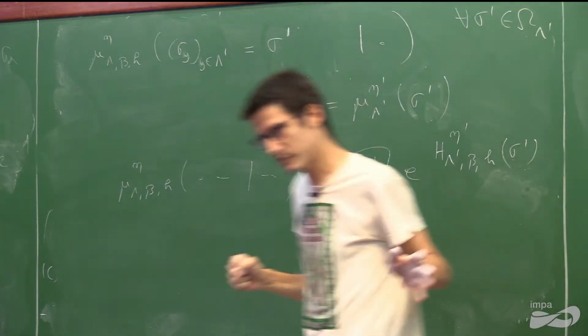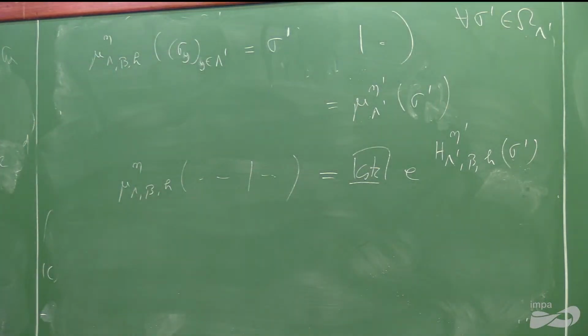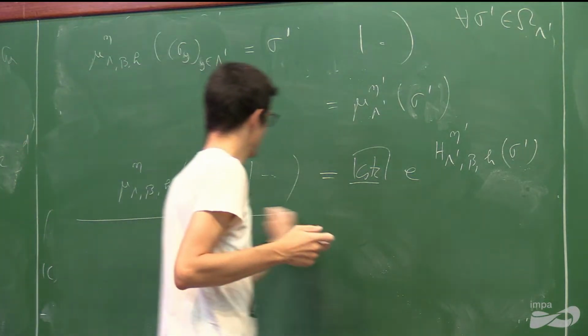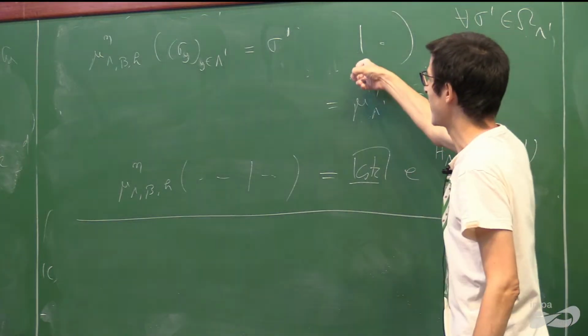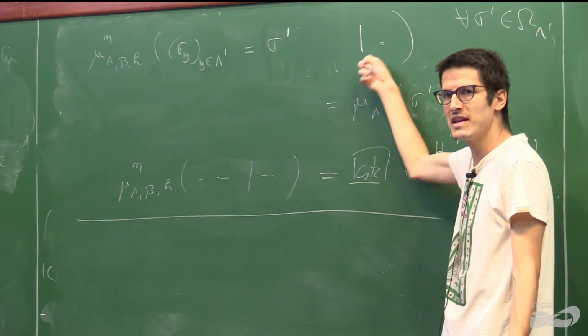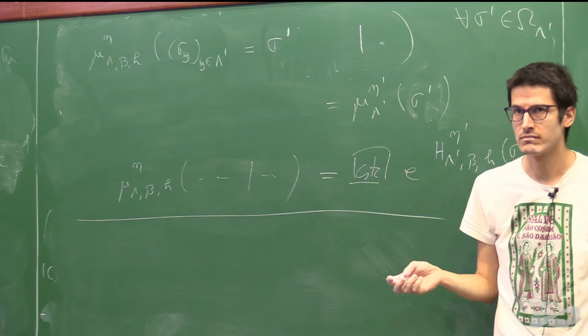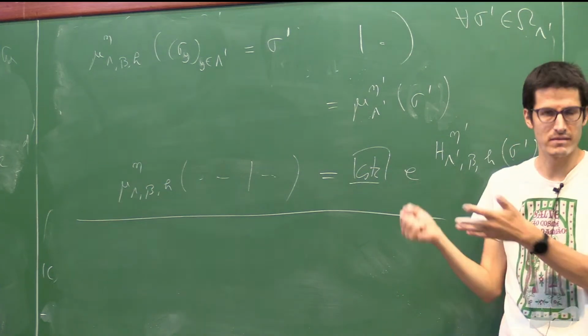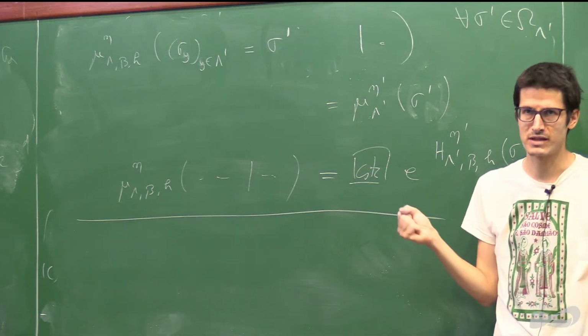So for this reason, I will not worry about constants. Every time I see something that does not depend on sigma prime, I will forget about it. For instance, instead of looking at the conditional probability, I can look at the intersection, which is just multiplying by something that does not depend on sigma prime.